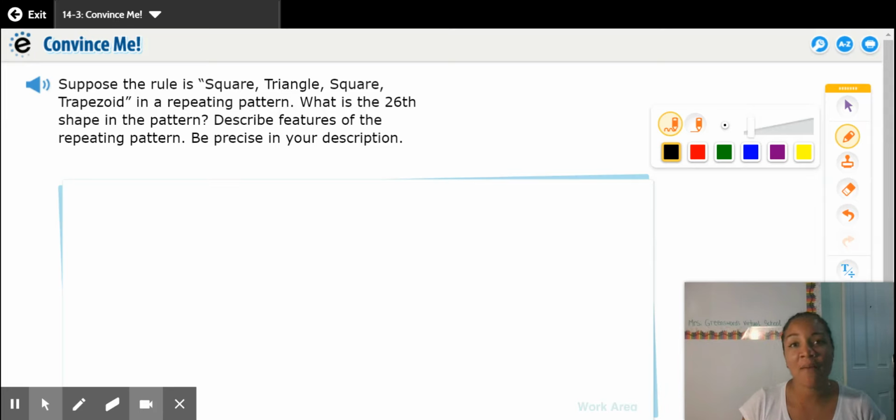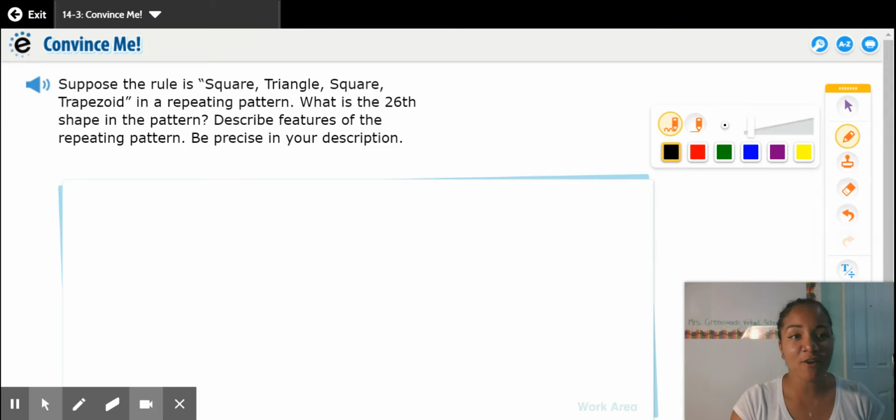Today we're going to talk about repeating patterns where we're either going to count on, where we can find the 26th pattern or whatever they're asking us to find, or we're going to be able to divide. So whichever method you use, whether you use count on or you use divide, it's okay, because remember, everybody's brains work differently. So whatever you feel comfortable with, that's what you're going with, all right?